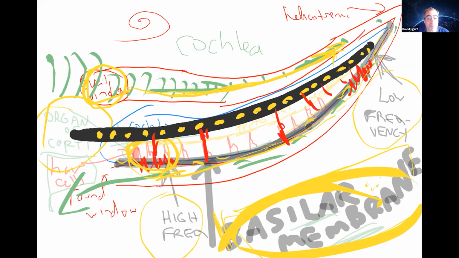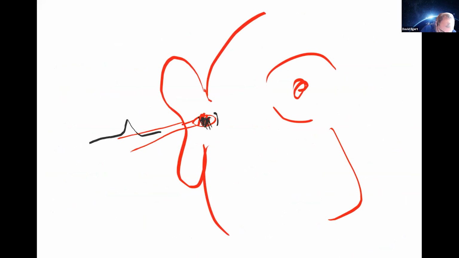It turns out that if you put a really small microphone in somebody's ear, you'll hear sounds coming out. They call them otoacoustic emissions. It turns out that there are also efferently controlled hair cells.